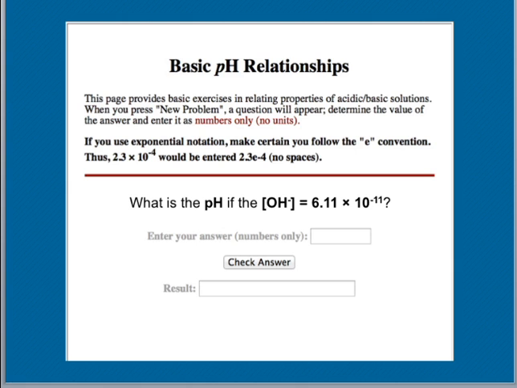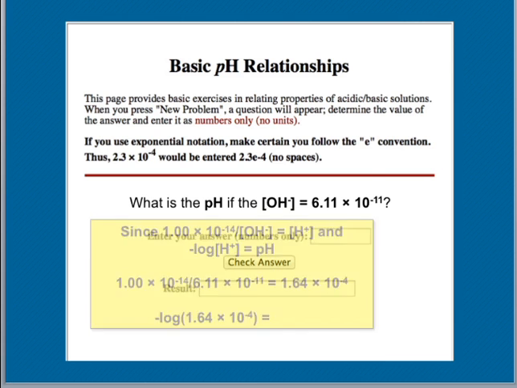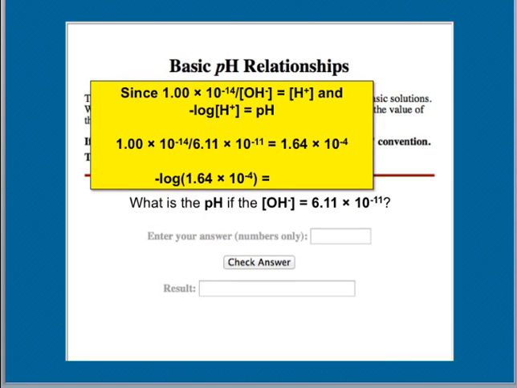Now, in order to do this, you need to figure out hydronium, don't you? How in the world do you do that? Well, you remember that hydronium times hydroxide is 10 to the minus 14, right?